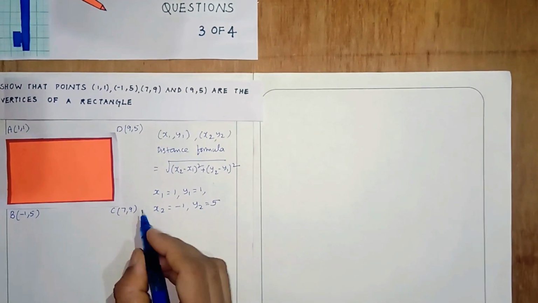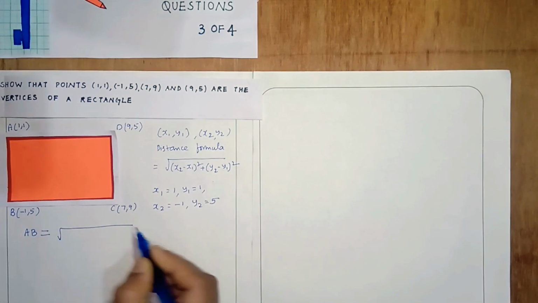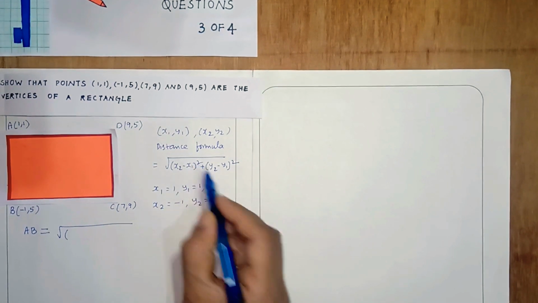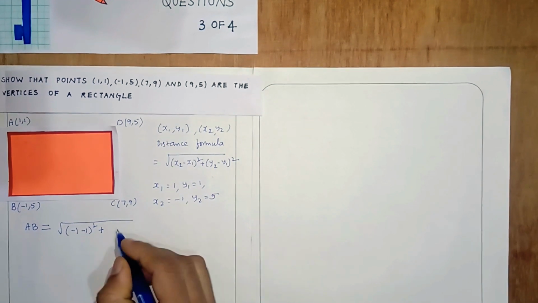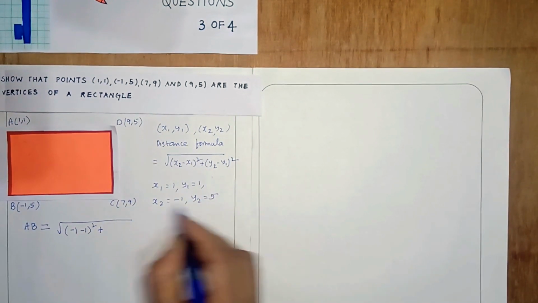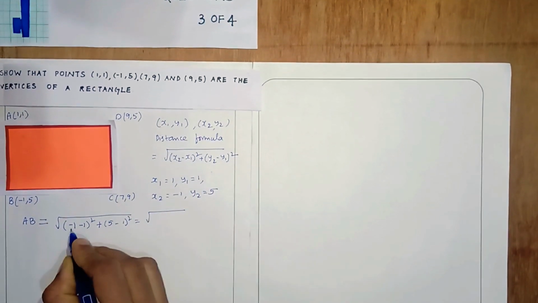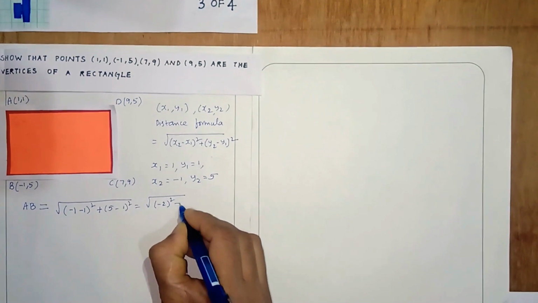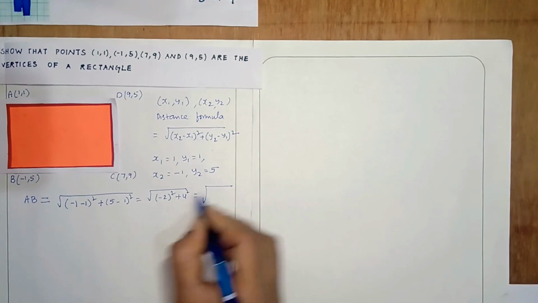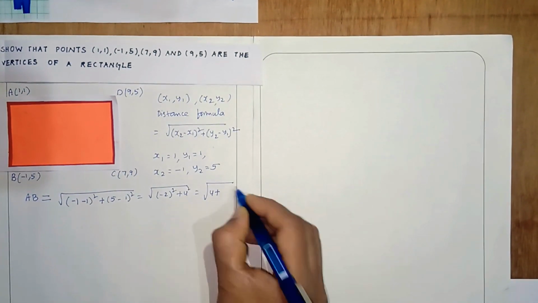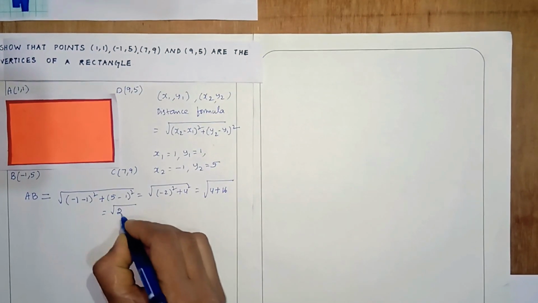Therefore, the length of AB is root of (x2 minus x1) whole square, x2 is -1, x1 is 1, plus (y2 minus y1) whole square, y2 is 5, y1 is 1. (-1 minus 1) is -2, whole square, plus (5 minus 1) is 4, square. -2 into -2 is 4, 4 into 4 is 16. 4 plus 16, root 20.